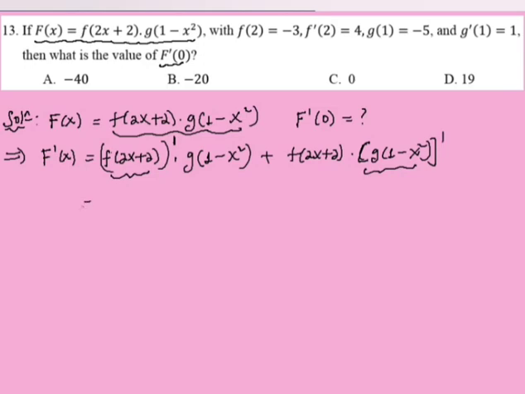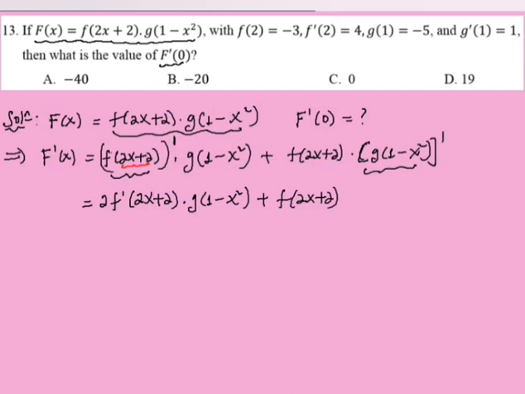Then this becomes the derivative of 2x plus 1, which is 2, times f prime at 2x plus 2. You take first the derivative of the inner expression, which gives 2 times f prime at 2x plus 2, times g of 1 minus x squared, plus f of 2x plus 2.